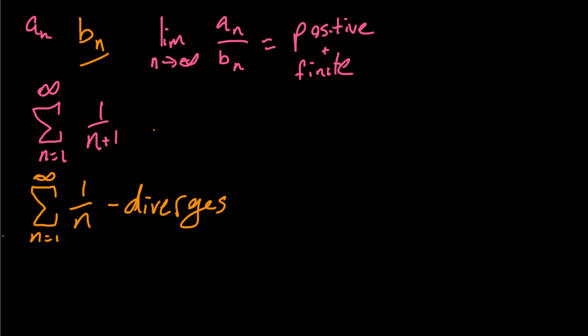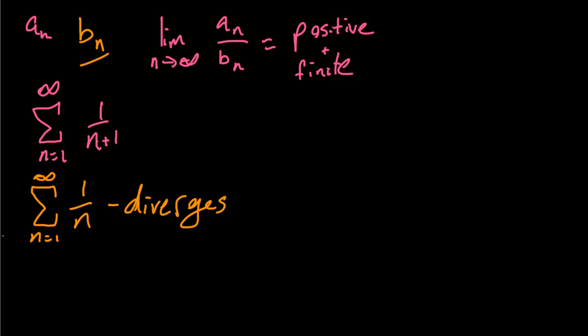Now, before we do that, something to note is, why aren't we just using the direct comparison test? Well, the answer to that is clear. 1 over n plus 1 is a smaller series than 1 over n because the n plus 1 in our denominator means that we'll have a larger denominator than n. Say when n is equal to 4, n plus 1 is equal to 5, and 1/5 is less than 1/4.